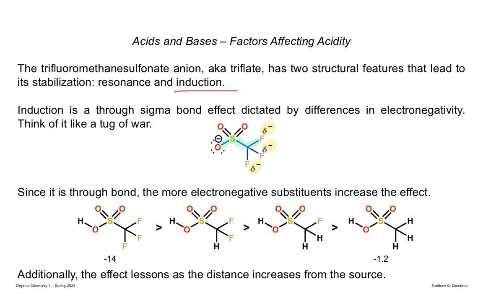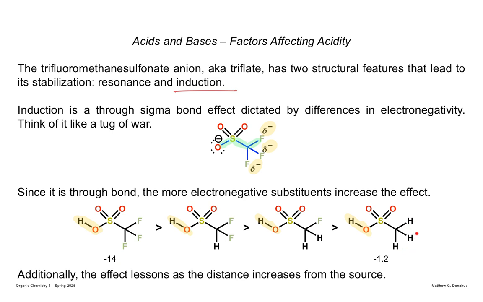So if we look at this collection of 4 different acids, and let me highlight again the OH, OH, OH, OH. What we're looking at is this part of the molecule that has CF3 and a pKa of -14.